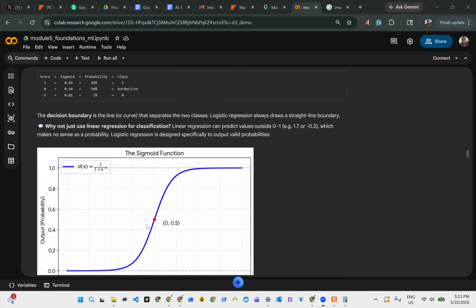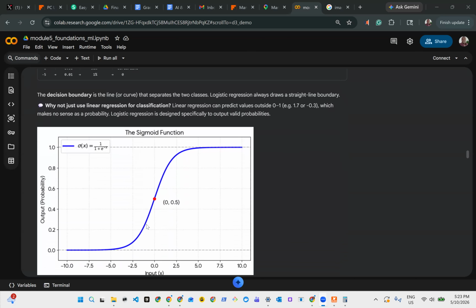So the decision boundary, which I call the threshold most of the time, is the line or curve that separates the two classes. Logistic regression always draws a straight line boundary. But in a linear regression, we predict values outside 0 or 1, which makes no sense as probabilities, while logistic regression is designed to output probabilities.